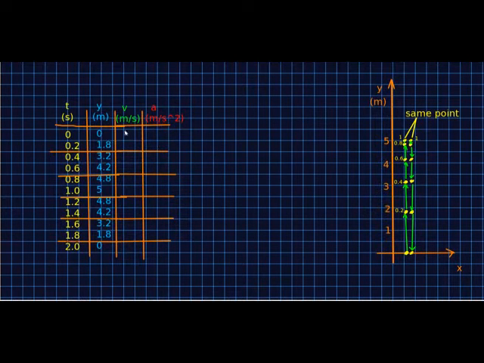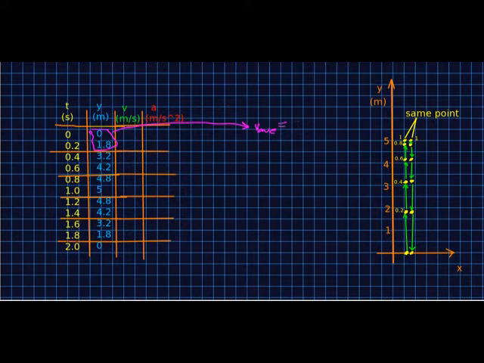Okay, now we're going to calculate all our v's and all our a's straight from the data. So I'm going to start with v, and I'm going to use these 2 data points. I'm going to bring them over here, and so I'm going to calculate a v average for this time interval from 0 to 2, right?